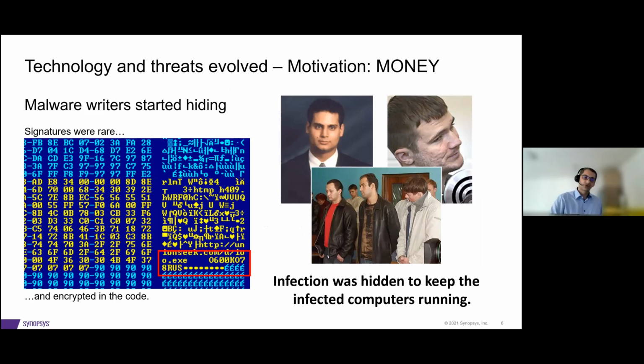They started to encrypt their malware. They started to hide in the code itself. They wanted to have your computers running so that they could use them as zombie machines, attacking other machines in DDoS attacks, or spamming other people, right? This was the motivation behind it, that they wanted to gain monetary benefit out of the computers that they infected.